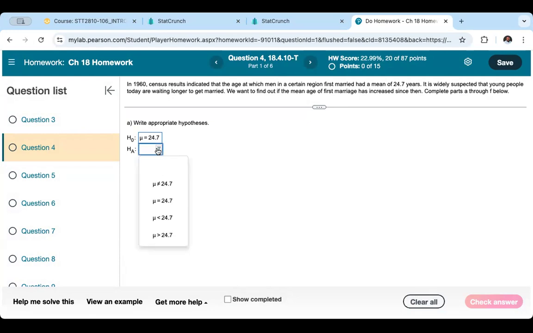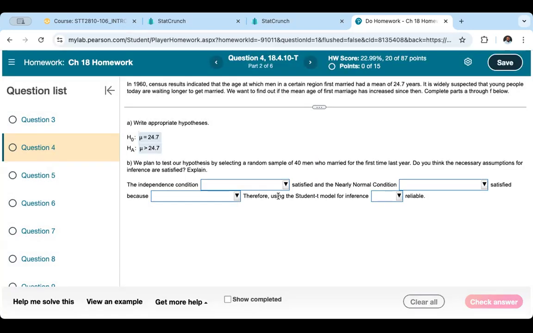And then what is the alternative? Why is it greater than, Wesley? Yeah, because you can see waiting longer to get married means greater than the average. So what do you think here would be?